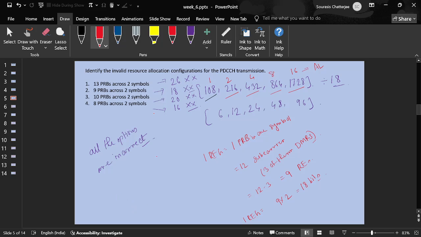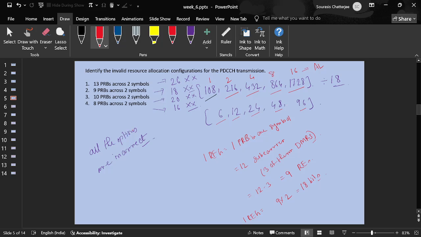Basically you have the total number of bits 108, 216, 432, and you need to divide by 18, because then it gives you the total number of REGs. And it turns out when you divide this set by 18, you get 6, 12, 24, 48, and 96. So these are the possible numbers of PRBs that are allocated for resource bits in the PDCCH chain, right?